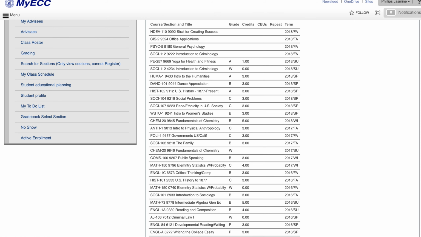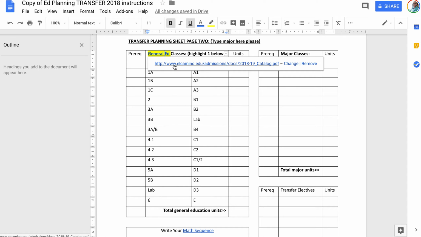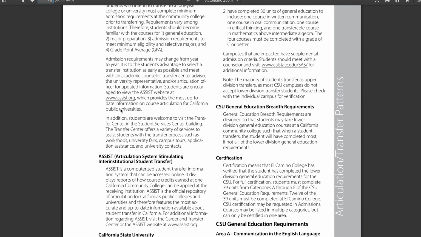So let's look at the document here. Your transfer major courses are going to be here, and your CSU courses are going to be on this side of the sheet. These letters correspond with the catalog general education. So in the catalog on page, is it 79? Yeah.